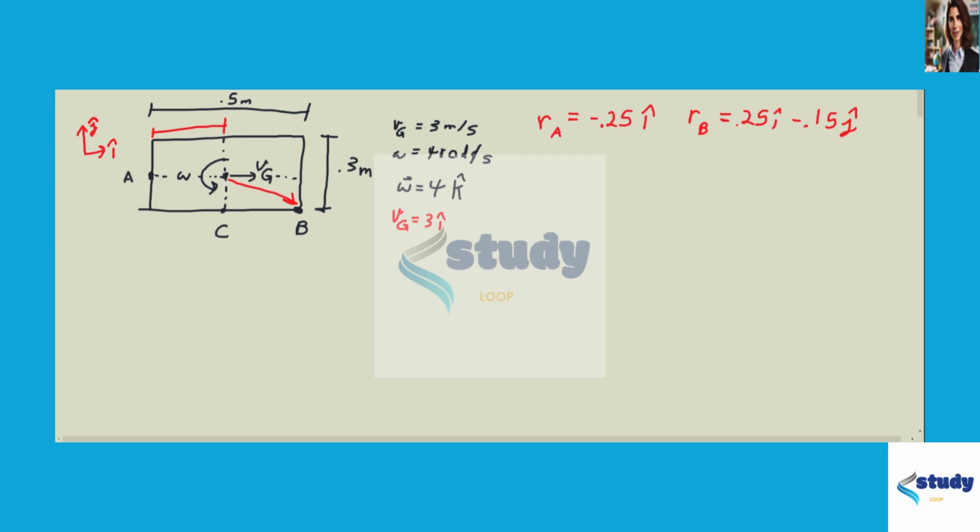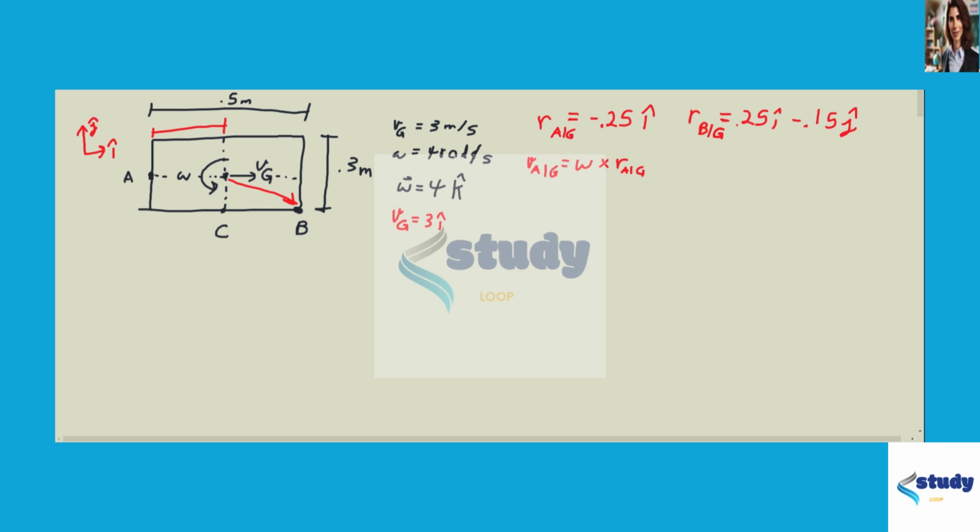We can write the velocity of A with respect to G as omega cross r_A with respect to G, where the r_A and r_B we wrote were both with respect to that centered point G. Well, omega cross r just comes down to k cross i-hat. k cross i-hat will give us a positive j-hat.